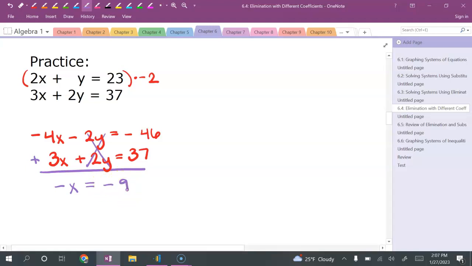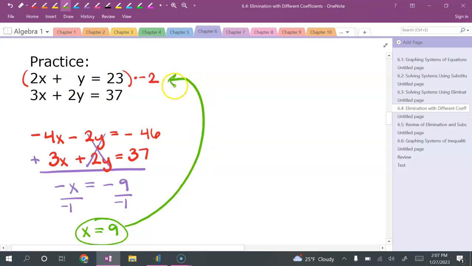Now, I want to make that x become positive, so I'm going to divide both sides by negative 1. And I would get x equals positive 9. Now I'm going to take this and plug it back in up here to one of the equations. I decided to use the top one. So I have 2 times 9 plus y equals 23.